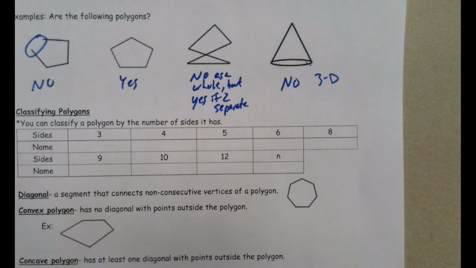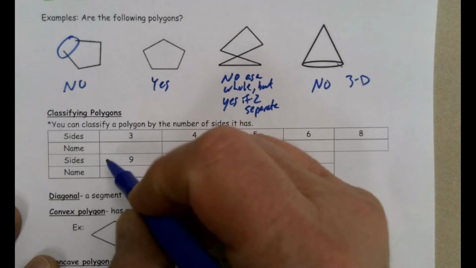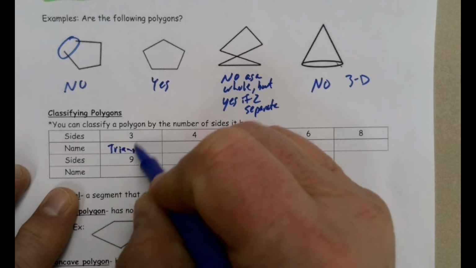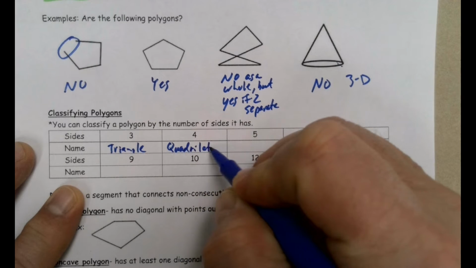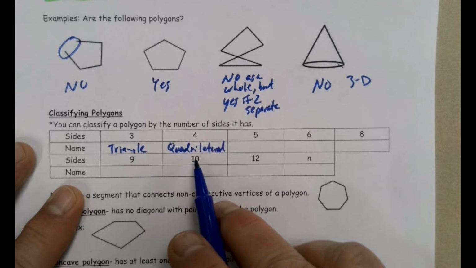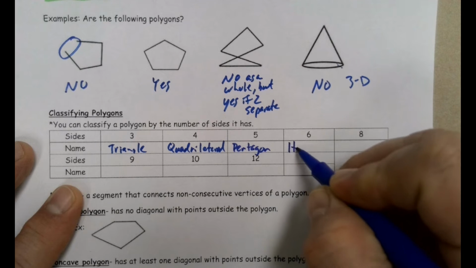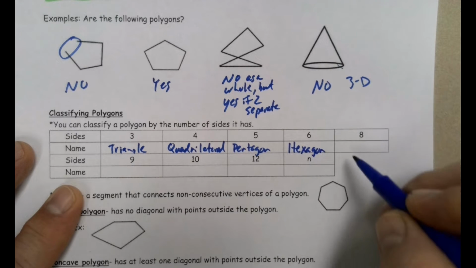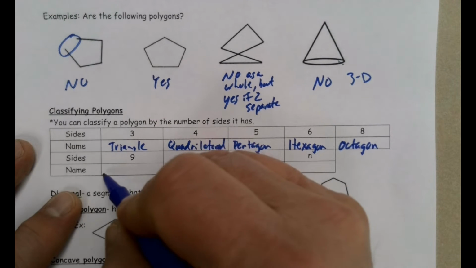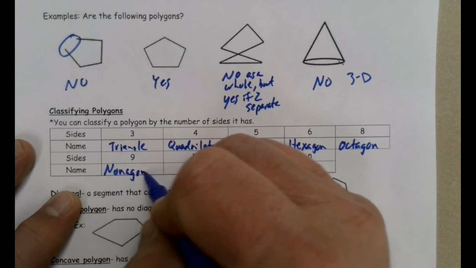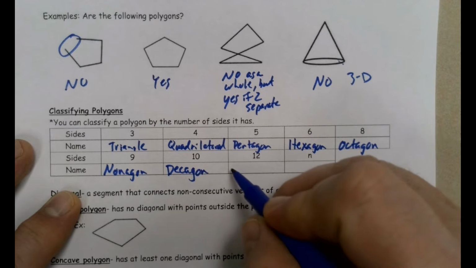You can classify a polygon by the number of sides that it has. We know that a 3-sided polygon is a triangle. 4-sided is a quadrilateral, which literally means 4 sides. 5 is a pentagon. 6 is a hexagon. 8, octagon, like a stop sign. 9, nonagon. 10, decagon, like decade. 12, dodecagon.